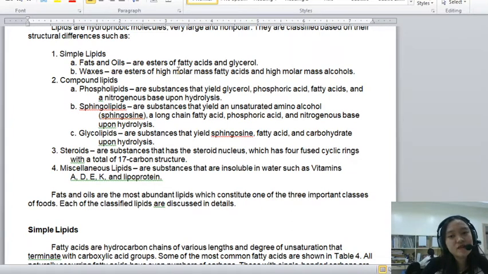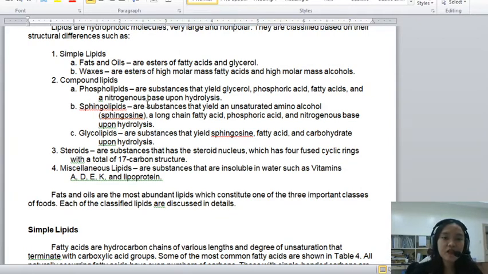This is the use of a water molecule to break down or separate bonds, or linkages. So when your phospholipids undergo hydrolysis, you have a total of 4 products: the glycerol, a phosphoric acid, a fatty acid, or fatty acids kasi more than one fatty acid yan siya, and you have your nitrogenous base.